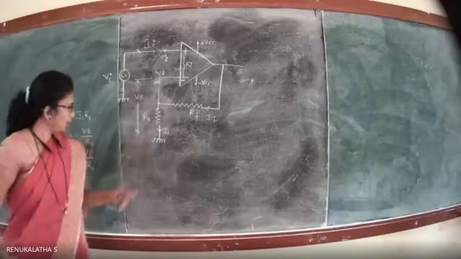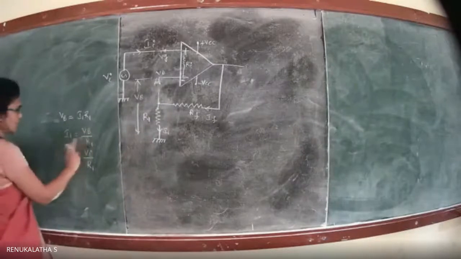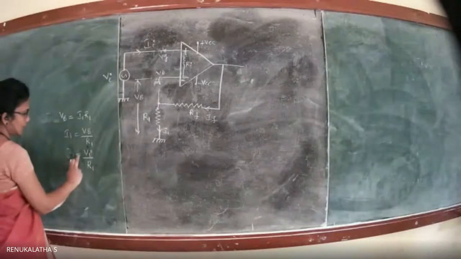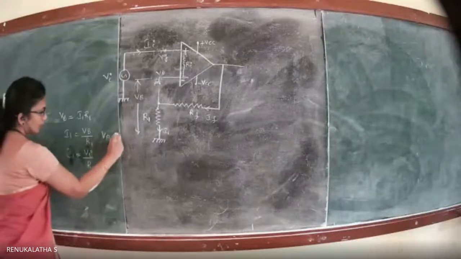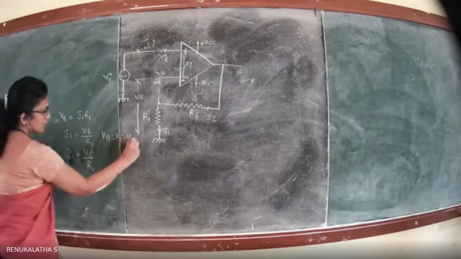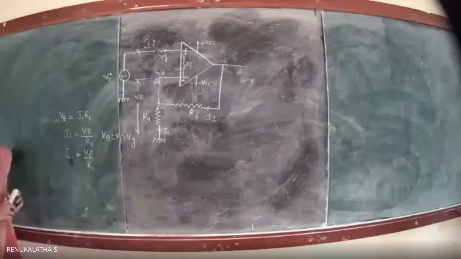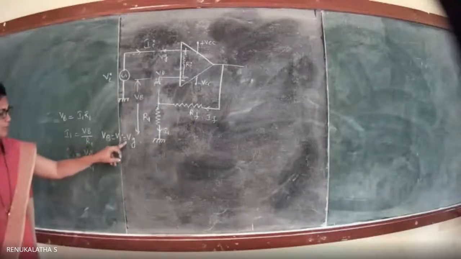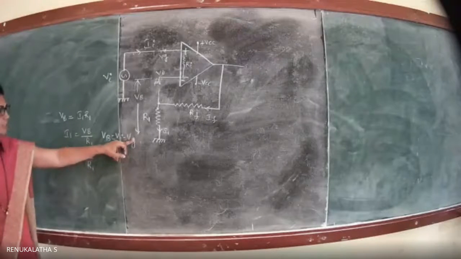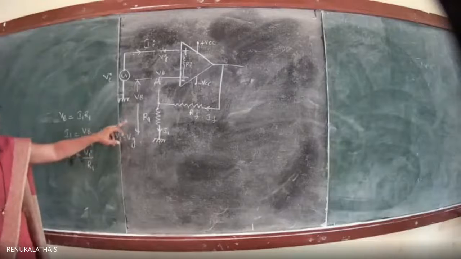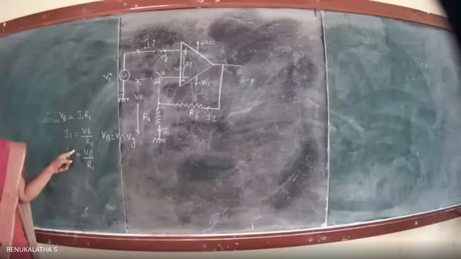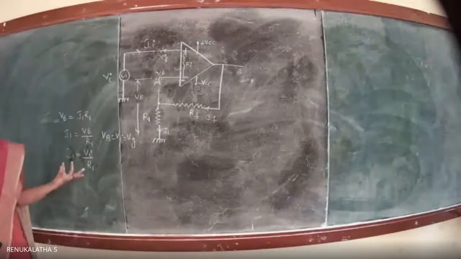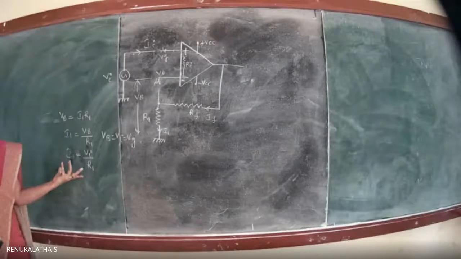So I1 is equal to VB by R1, or VI by R1. VB is equal to VI, which is equal to VG, because there exists an infinite resistance between VG and VB, and current does not flow whenever potentials are the same.